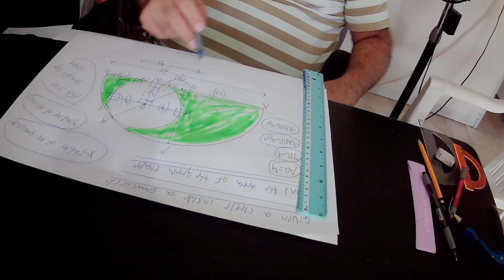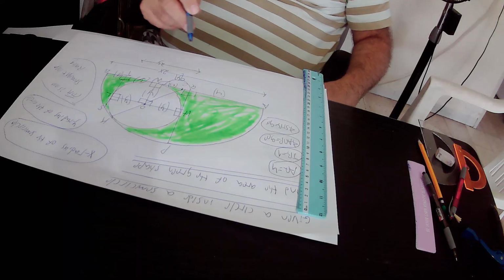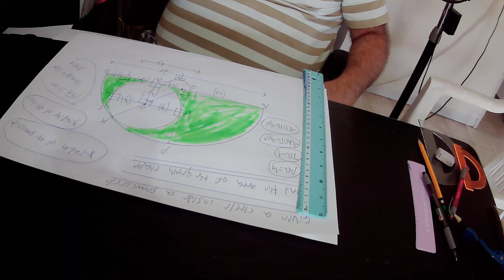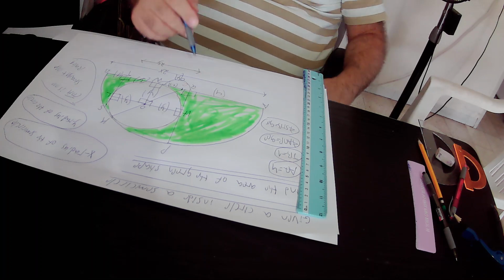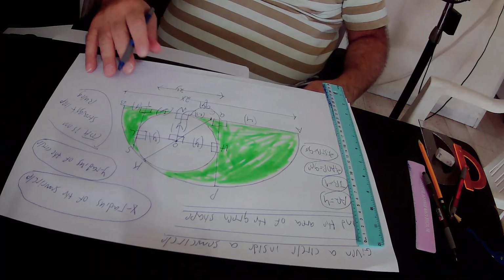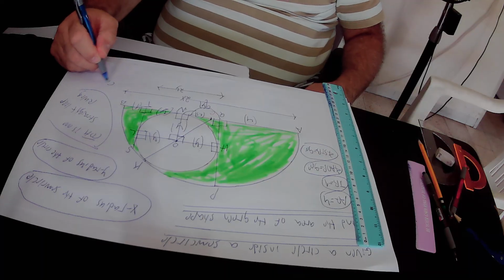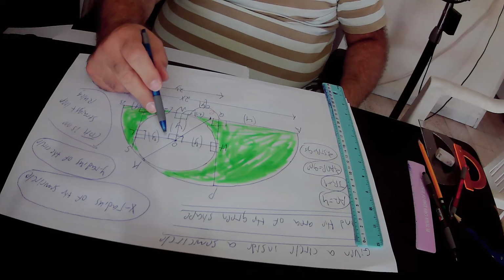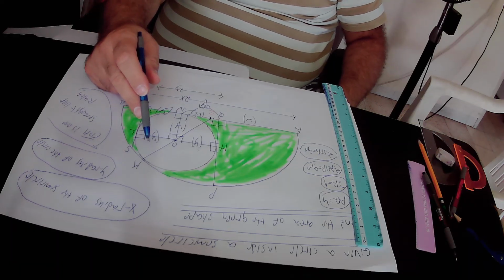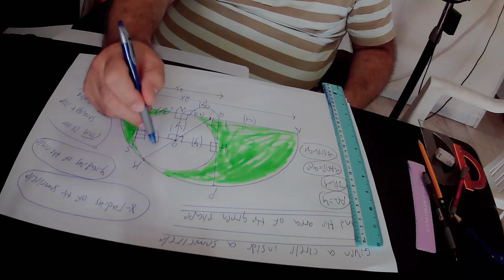Line segment CK starts from point C, that is the center of the semicircle, and ends at point K, that is the point of the semicircle itself. This is exactly the definition of a radius. Therefore, CK is the radius of this semicircle, that is equal to x. Likewise, OK is the radius of this small circle, that is equal to y.